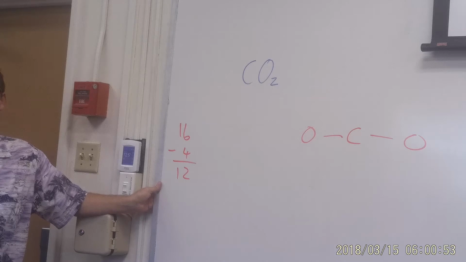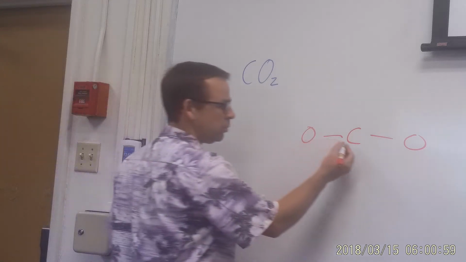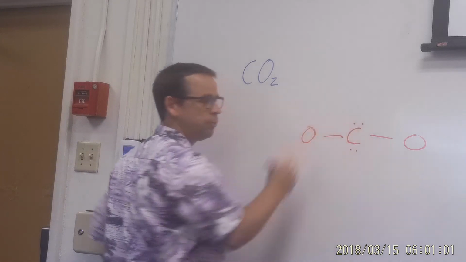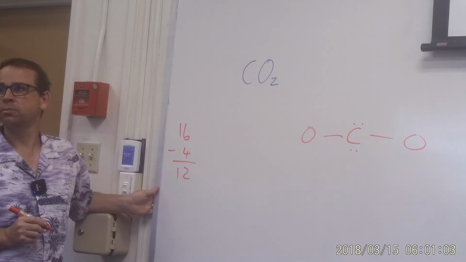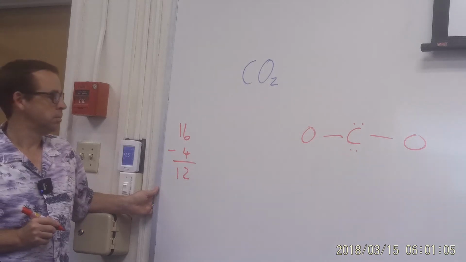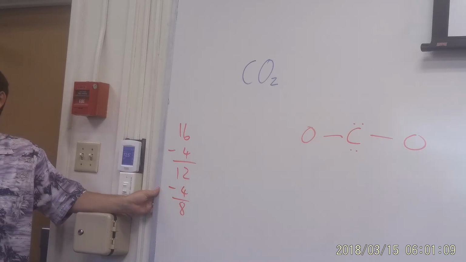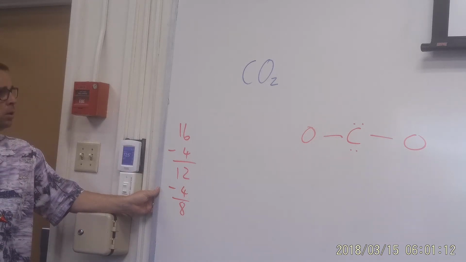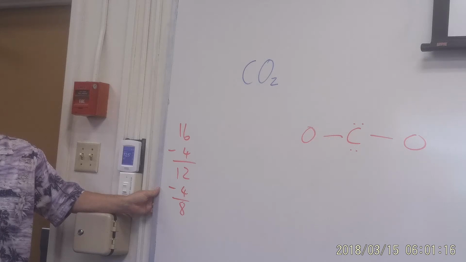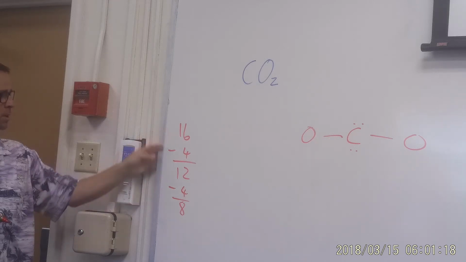Where are we going to distribute them? Central atom. Good. So, looks like we need 4 more. Is that true? Did I do that right? 16, 4, 12 minus 4.